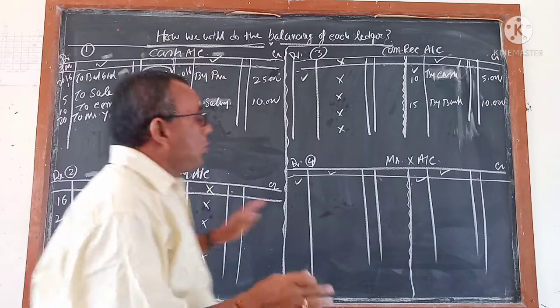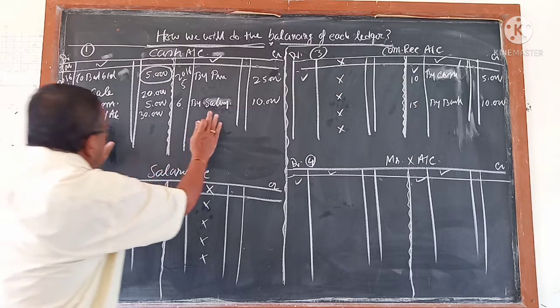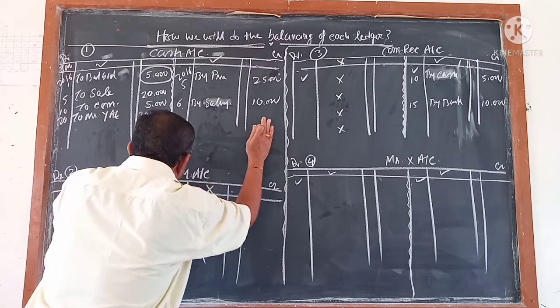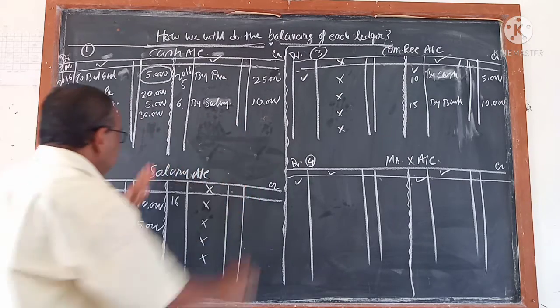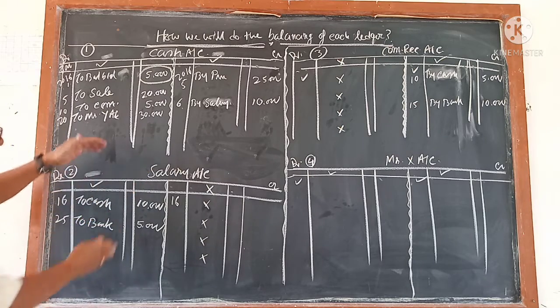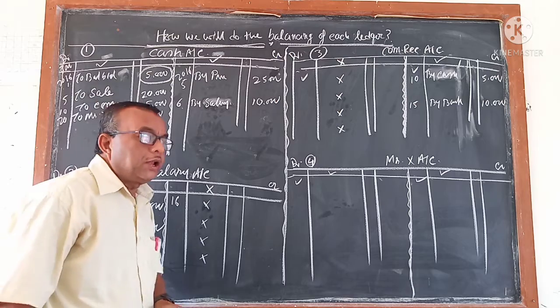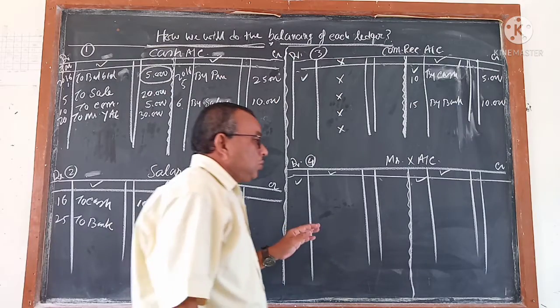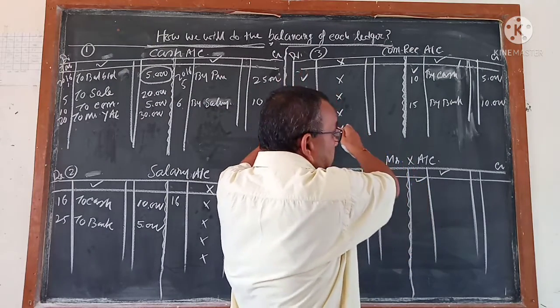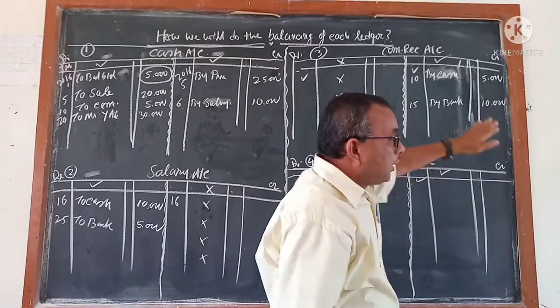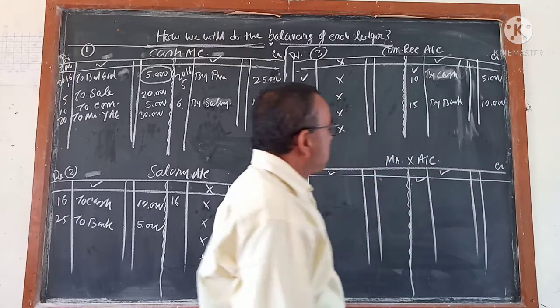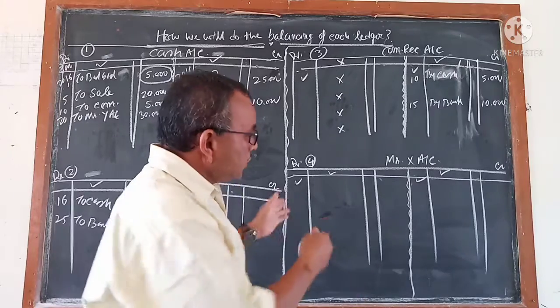In some of the ledgers you will get the posting of both the sides, amounts in both the columns, debit carried as credit. In some of the accounts you will get posting only in debit, credit posting is not there. Not a single account. In some of the accounts the debit side posting is not there, only credit side posting is there. And in some of the accounts you will get both the sides posting.